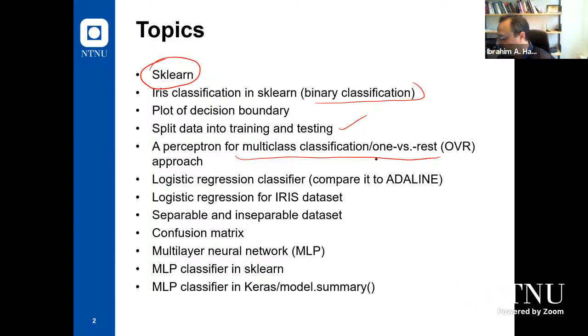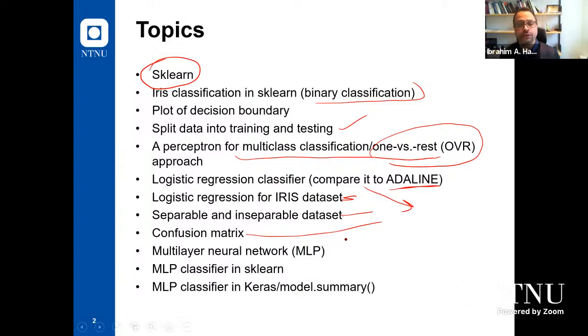I told you about this technique called one versus rest. We already talked about the logistic regression classifier today, and we compared it with the adaptive linear unit. How can we use logistic regression for the iris data set, separable and inseparable data sets, confusion matrix? This is very important. And we need to talk about the multi-layer neural network.